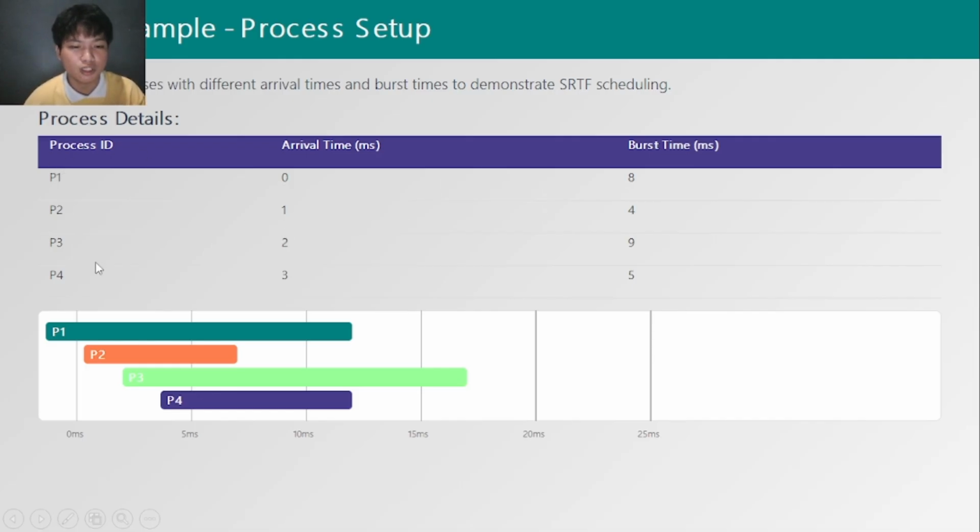At time 0, P1 starts with 8 ms. But at time 1, P2 arrives with only 4 ms. Since 4 is less than P1's remaining 7 ms, the CPU preempts P1 and switches to P2. We follow this logic until all processes complete.